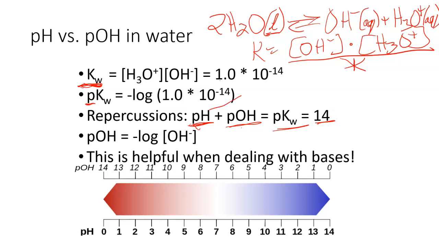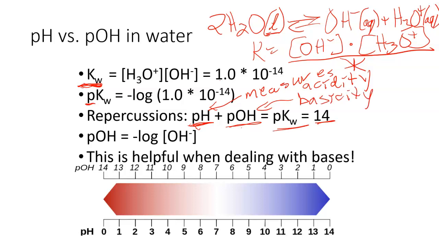So pH is a measure of acidity. pOH measures basicity, so how basic something is. So if we add this pH, the measure of acidity, plus the measure of basicity, you're going to get 14. Now pOH is also equal to the negative log of our OH- concentration.